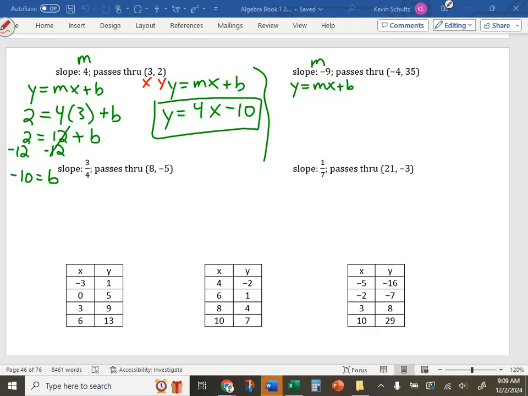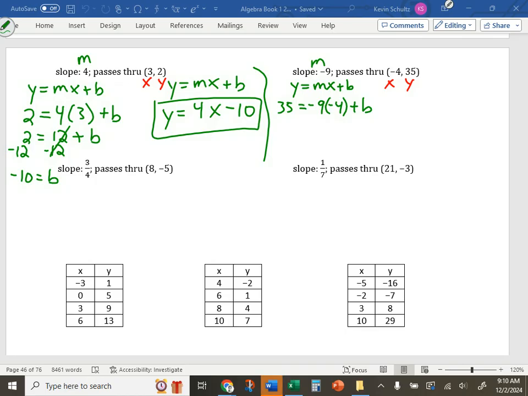But what is given to us is an ordered pair that our line passes through, which means that in slope-intercept form, negative 4 can represent x and 35 can represent y, because any ordered pair on the line can be plugged in for x and y in slope-intercept form. So, y is 35, our slope is -9, our x value is -4, and we're once again solving for b.